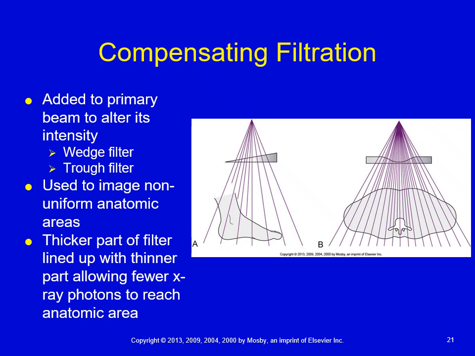If you were using the wedge filter, you would place it, the thick part, over the less dense part of the foot, which is the toes, and the thin part over the more dense part of the foot, which is towards the heel area.